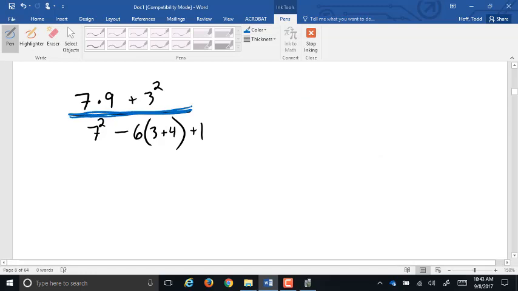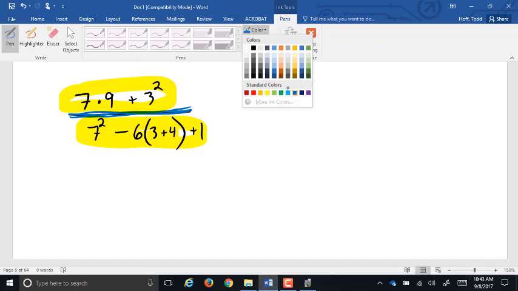Okay, division. A lot of people say division. It's a fraction bar, and it does mean divide, but it's also an enclosing symbol. It separates part of the problem from the rest. So it's telling us that we have to do everything on top first. Then we have to do everything on bottom. Then we're going to divide them.